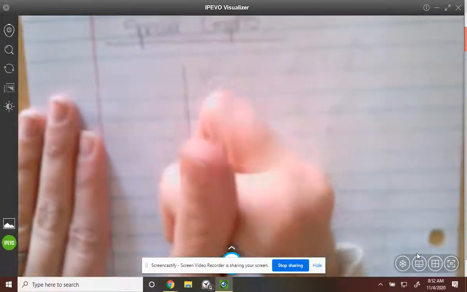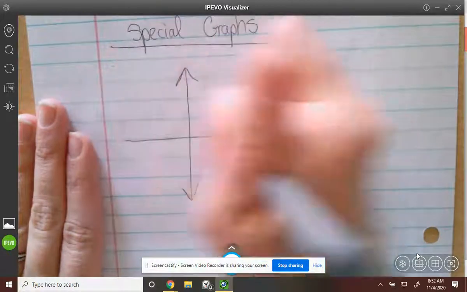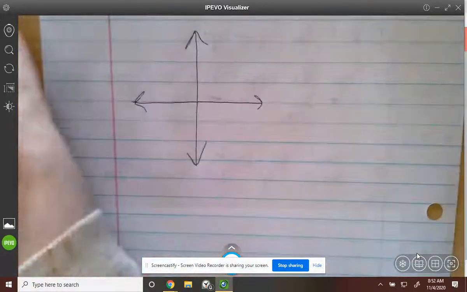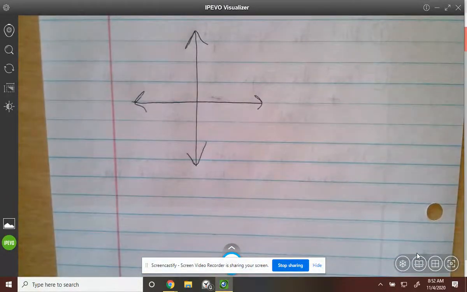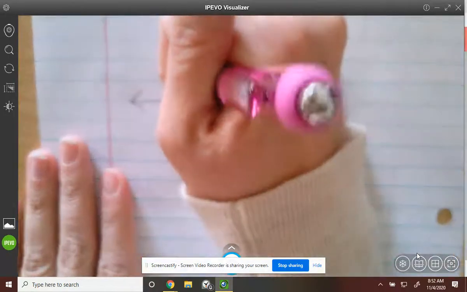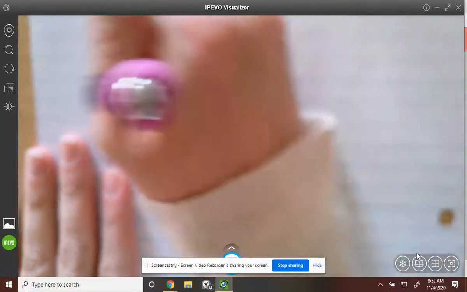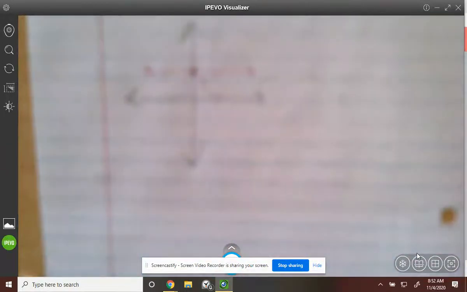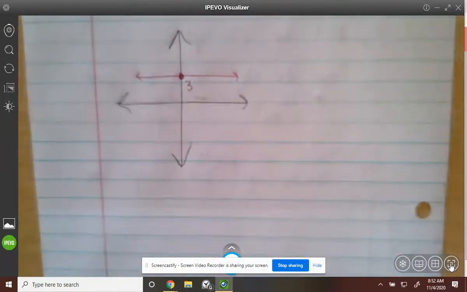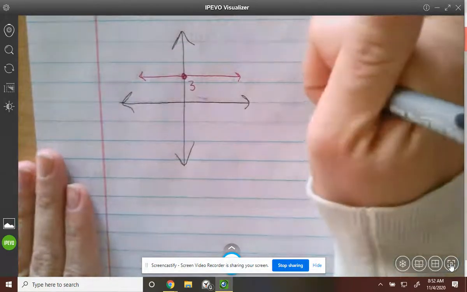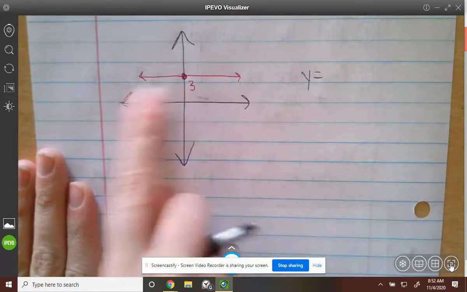So the first one, let's say I had a line right here at 3, and it was this. If I'm going to write my equation, which we had this on our worksheet a couple days ago, it's going to be y equals, my slope is 0 on this.